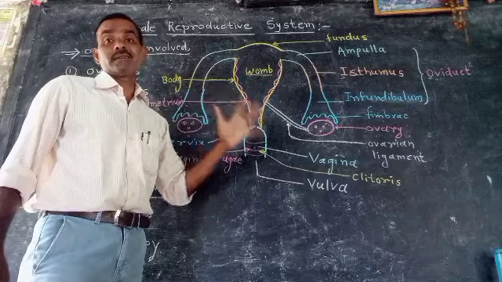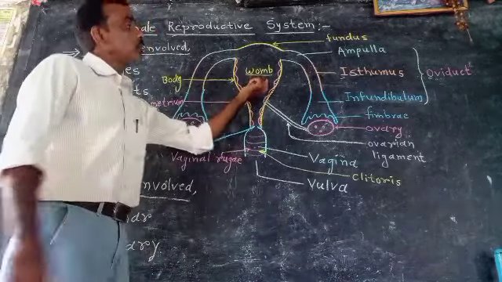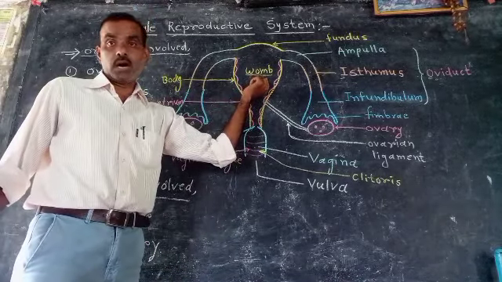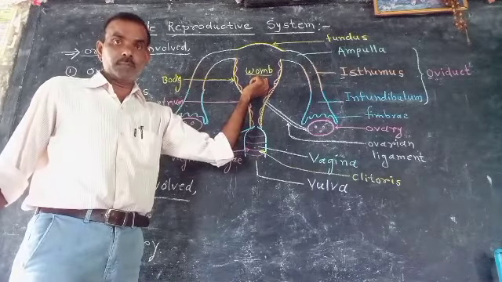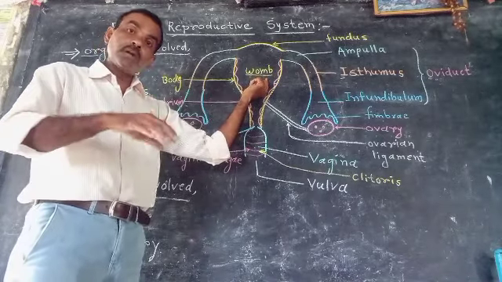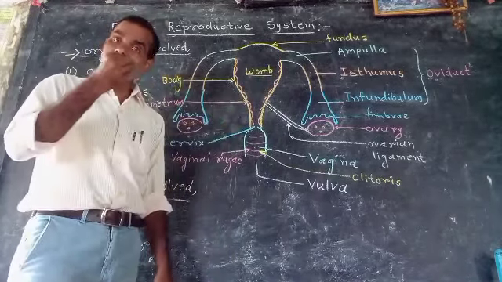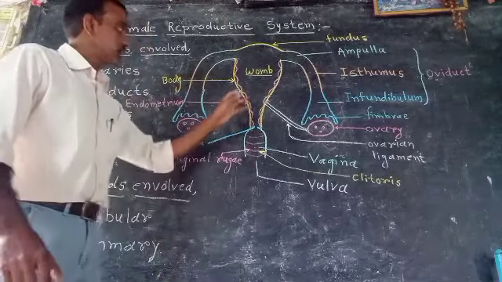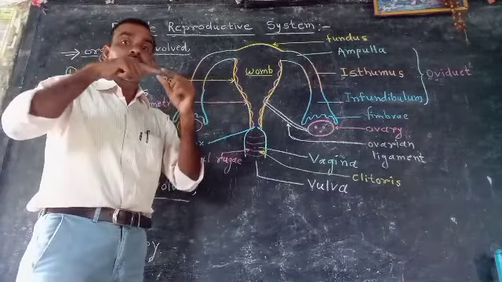Development of the fetus takes place in the womb or uterus, and for its development the fetus requires nutrition, which it takes from the endometrium through the placenta tissue.